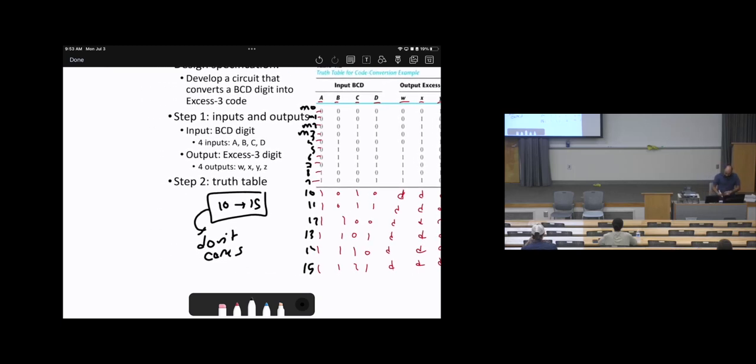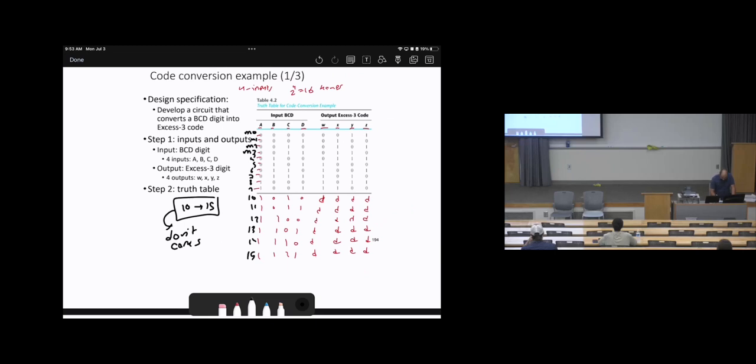Since we have 4 inputs, we will have a 4 variable Karnaugh map. We need to build a 4 variable Karnaugh map for each output.